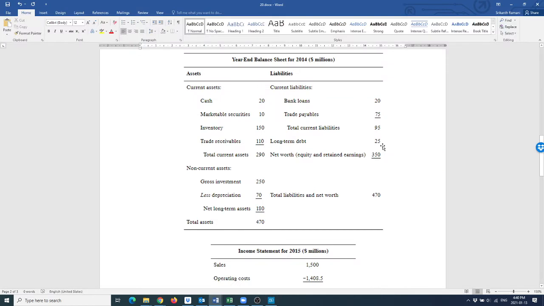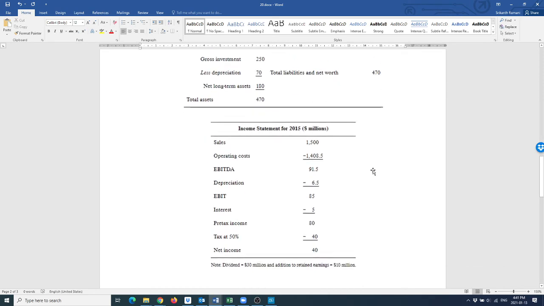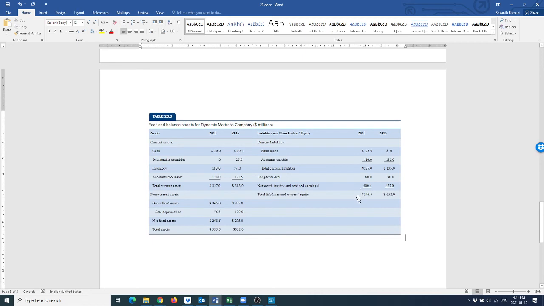What else? Now let's check the final thing, which is the net worth, or the equity and retained earnings. Equity and retained earnings went from 350 to 400.5. It's not an increase in shares, it's actually an increase in equity, or sale of equity, if you could think about it.